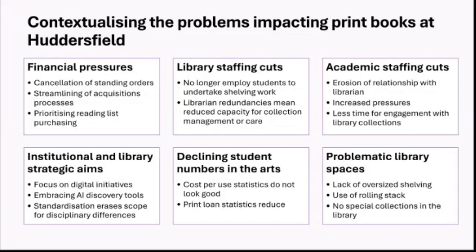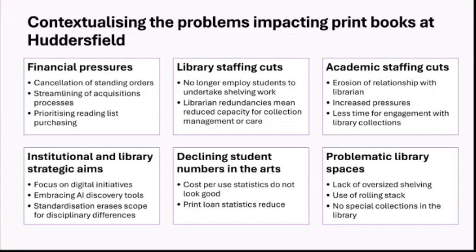A big issue that's affected us has been library staffing cuts and academic staffing cuts. We have been through many rounds of redundancy, that has reduced my capacity to engage with the collections in the same way I used to, and my academics' capacity to work with the library as well.